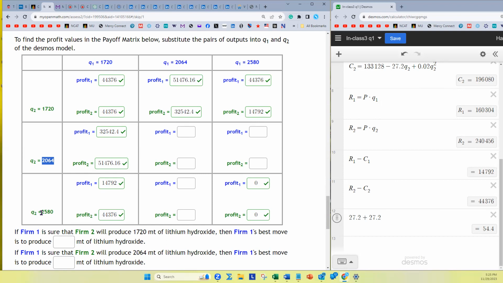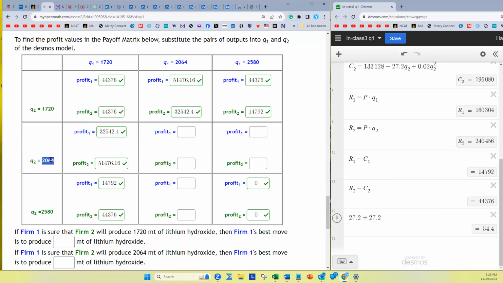But then if it goes to even higher output, its profit drops off. So if firm one stays at the monopoly low output outcome, firm two's best response is to go medium output, right?